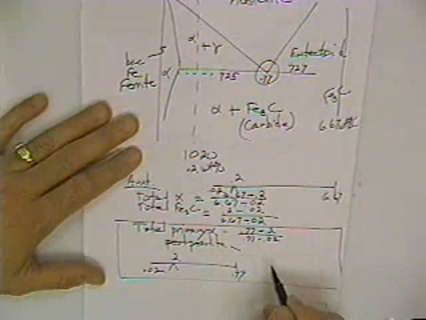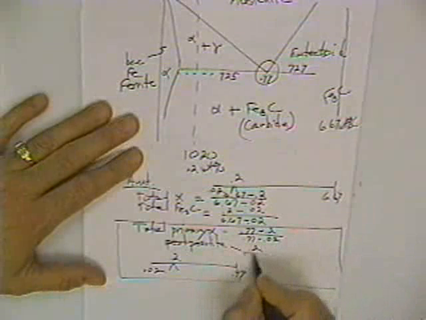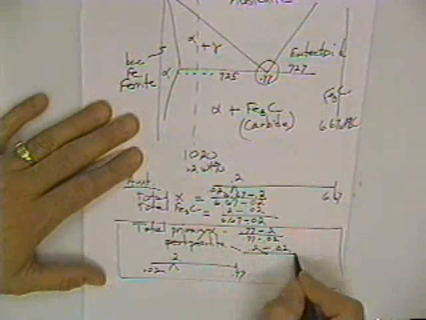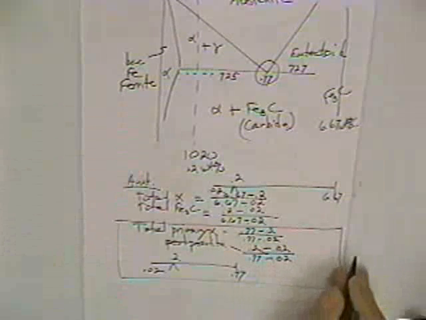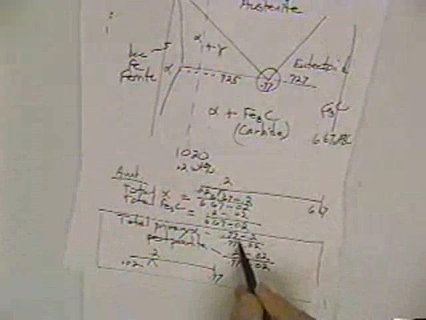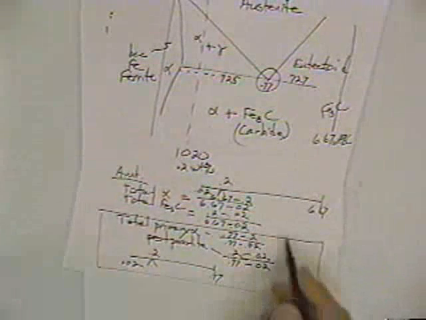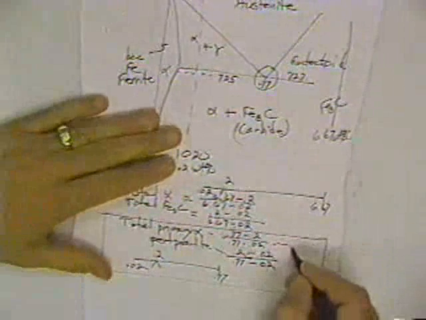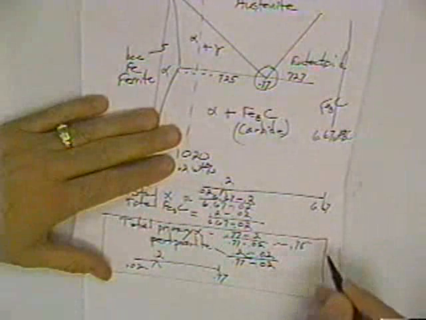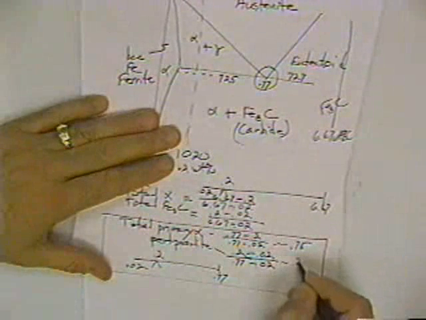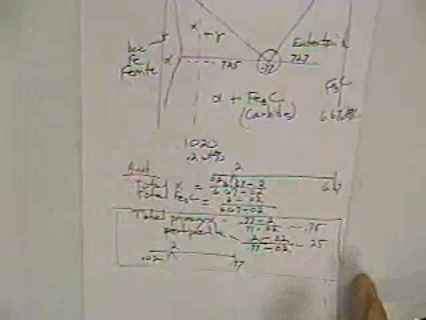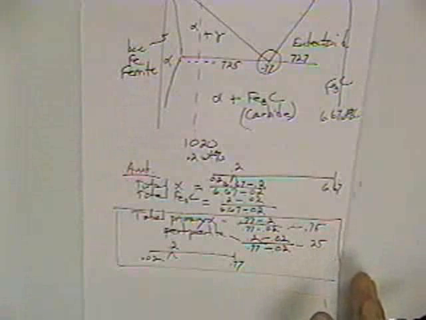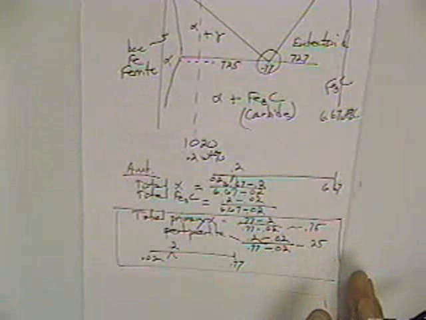The amount of pearlite would be 0.2 minus 0.02 over 0.77 minus 0.02. And let's see, that'd be 57 or 60 over 80, so it looks like it'd be about 3/4, about 0.75, and about 0.25 on that order. And let's just go ahead and draw the microstructure for ourselves so we would have an idea of what the microstructure would look like.